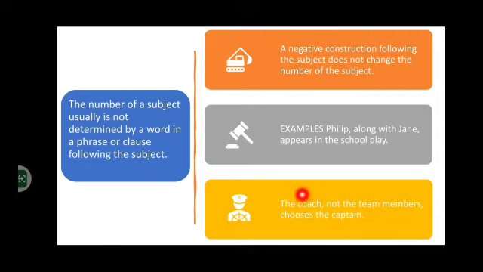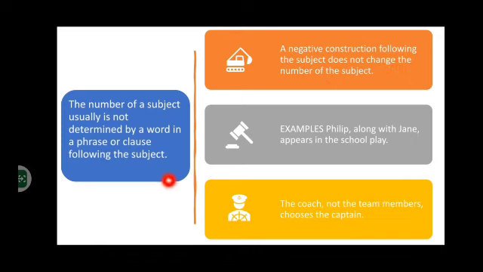So our concern is the coach, not the team members. You can see here that the coach chooses the captain. You can see that a negative construction following the subject does not change the number of the subject.